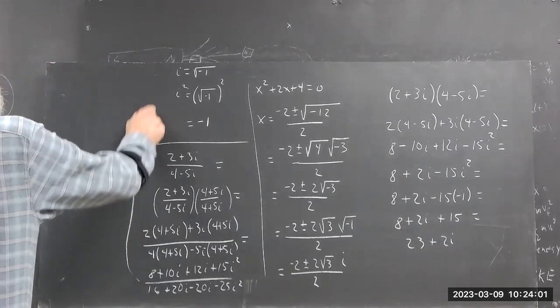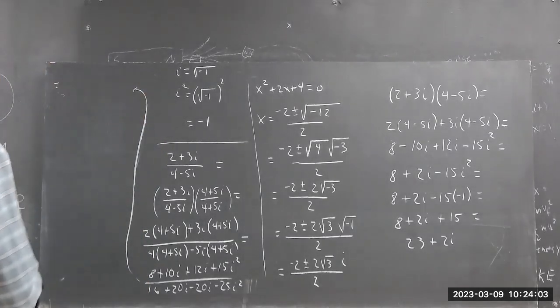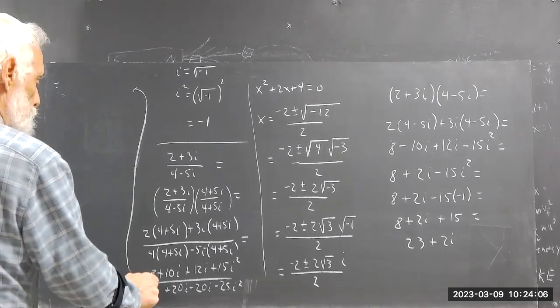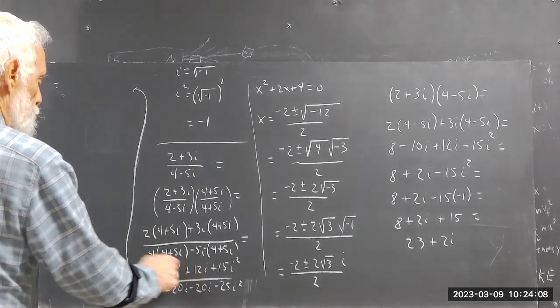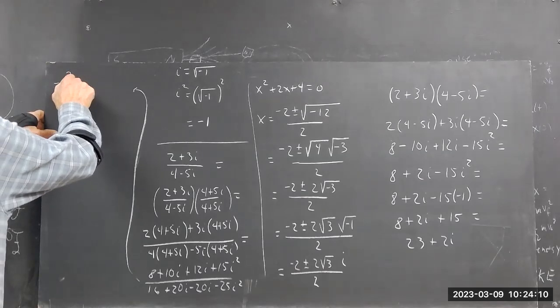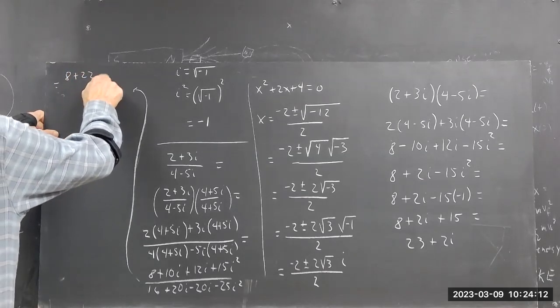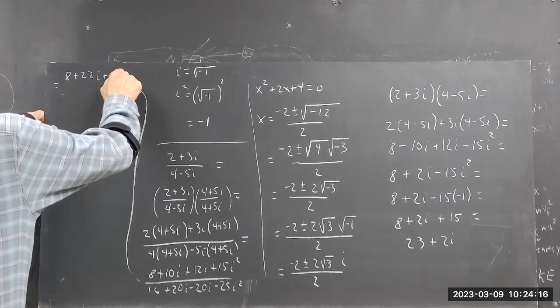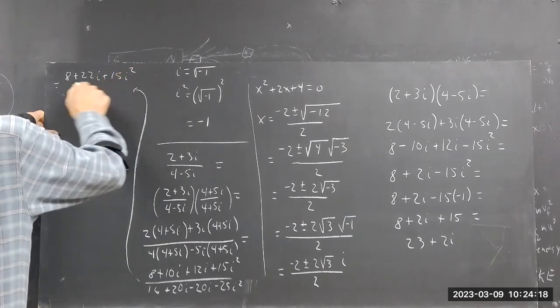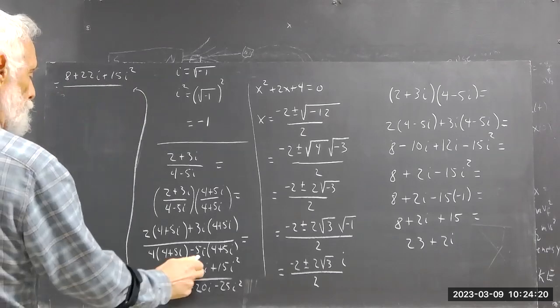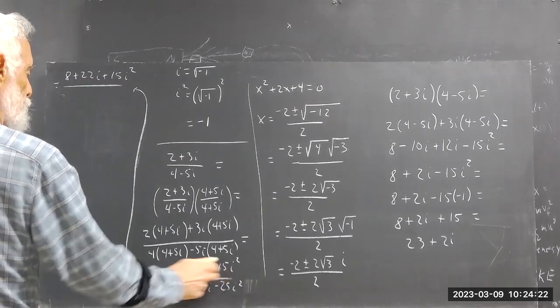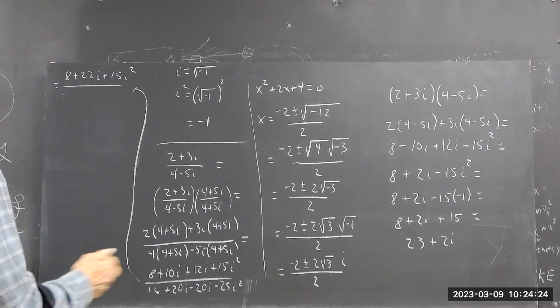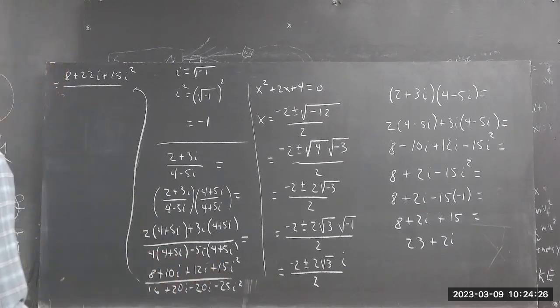So that's going to equal, well, 10i and 12i is 22i. So we can add those. We haven't done anything with the 8 or the 15i squared, although we could have.